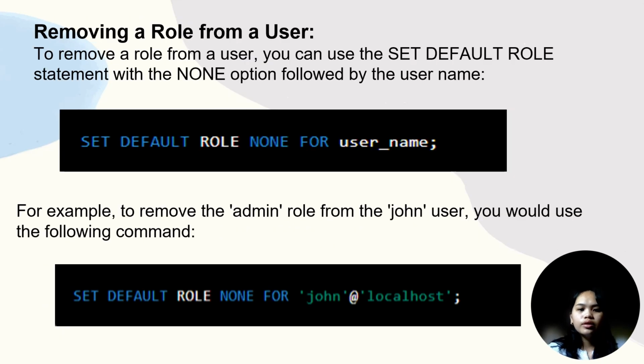Next, how are we going to remove a role from a user? What was the syntax for that? To remove a role from a user, we can use set default role none for username. For example, to remove the admin role from the John user, you would use the following command: set default role none for John at localhost.